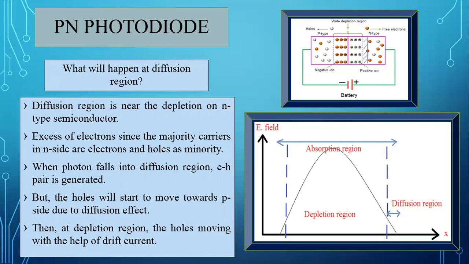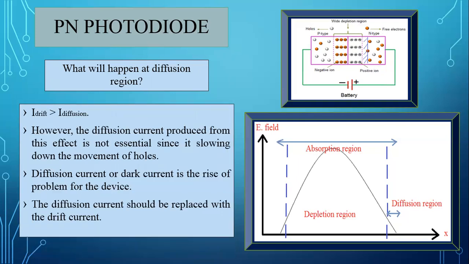But since the connection is in reverse bias, holes start to move toward the P side by diffusion current, due to the diffusion effect occurring in the diffusion region. Then these holes go through the depletion region, moving with the help of the existing drift current.